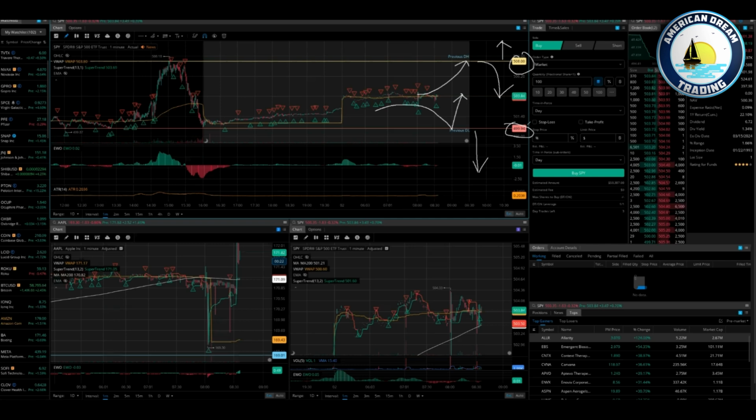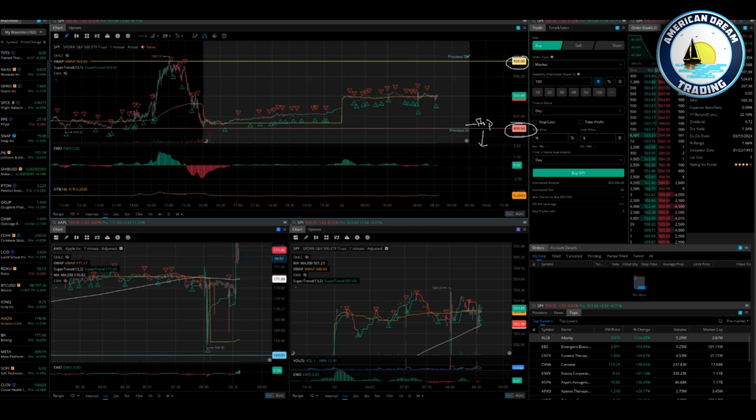These are critical areas that you need to know today. You need to know exactly what to do with them, why you're doing what you're doing with them, what your stops are going to be. So right here, if I got in at 500 and it broke and held to the downside, I know my stop is just above 500. Scalpers, this is a scalp trade only. If I get into a call and it breaks above 508 and I get in on this, I know my stop needs to be right below 508.